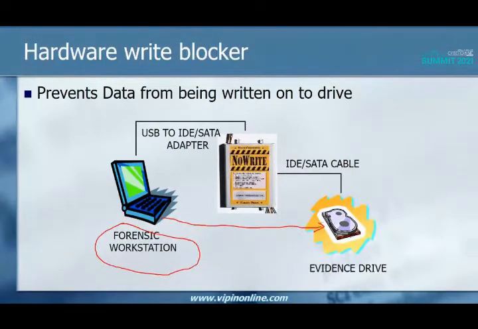There are so many things happening whenever we plug a hard disk into a forensic workstation, so we should ensure that the evidence drive is not altered in any way. We should use a specific hardware called a write blocker that will block all write operations.